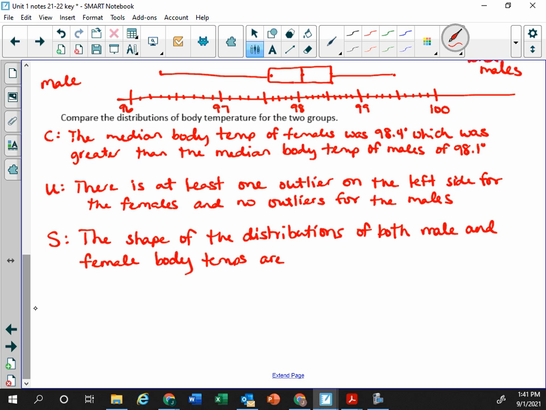So you would say roughly symmetric or fairly symmetric, something like that.